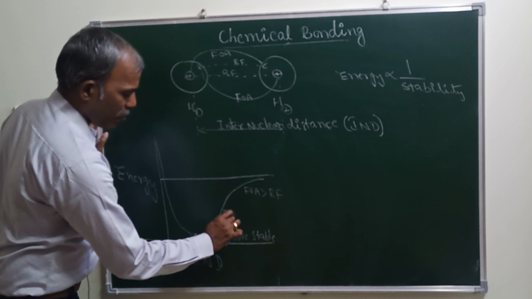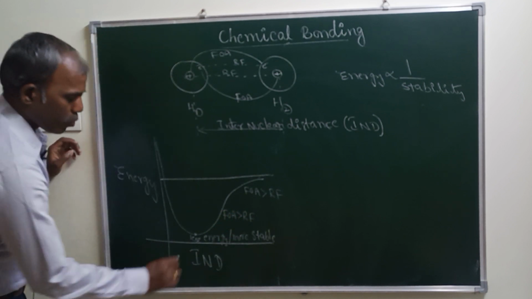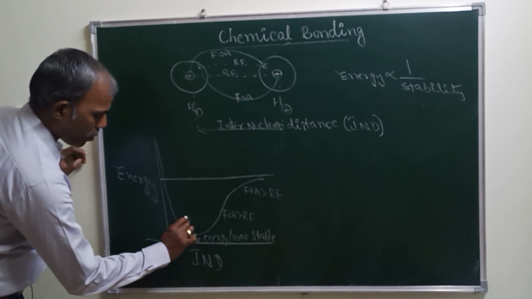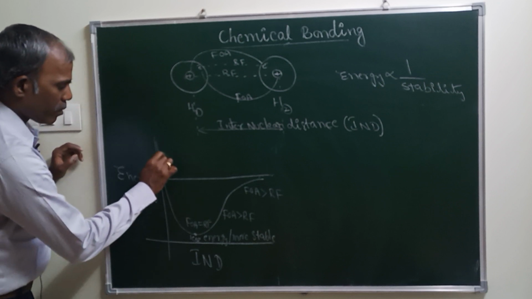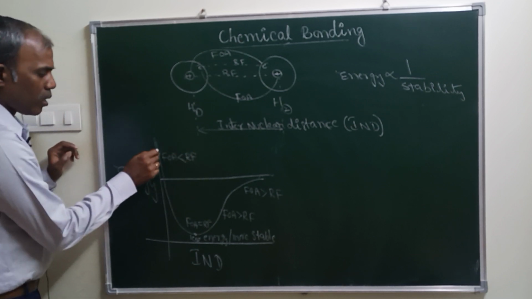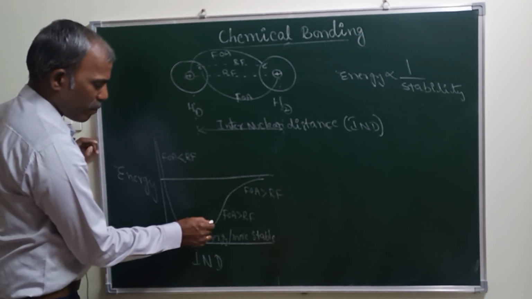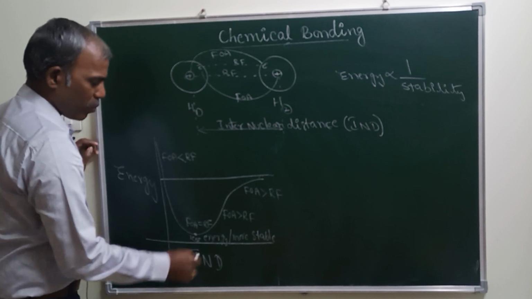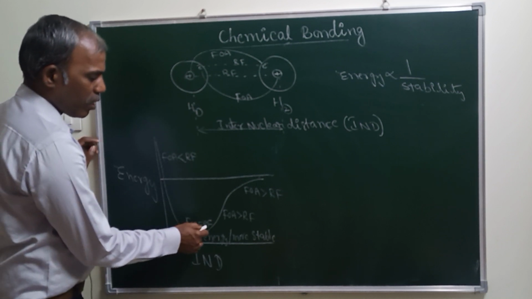Here also the force of attraction dominates over the repulsive force. At this point, the force of attraction is equal to the repulsive force. At this point, the force of attraction is less than the repulsive force. Here the repulsive forces are dominating. Here they are equal.